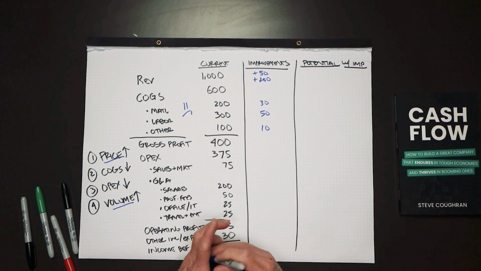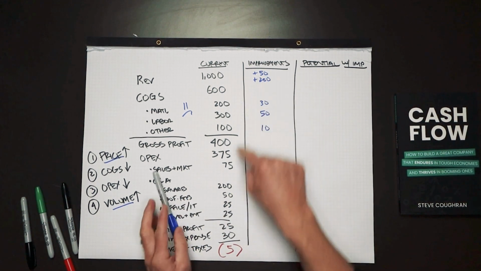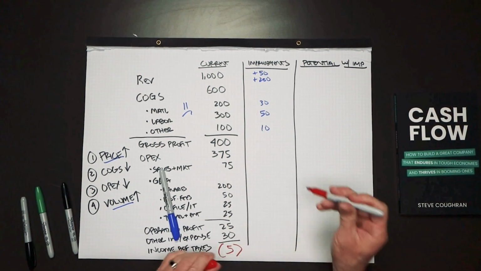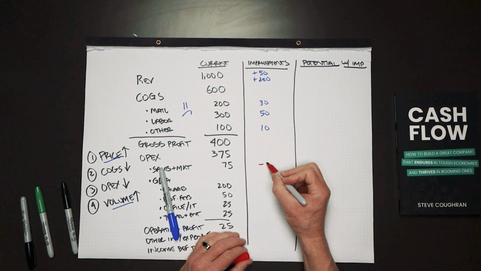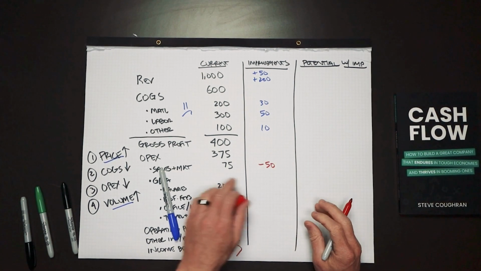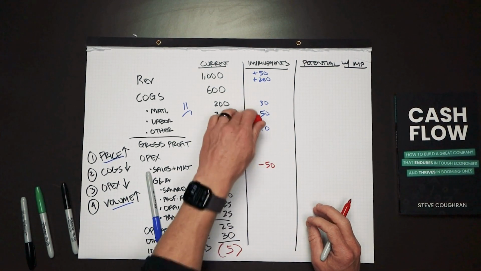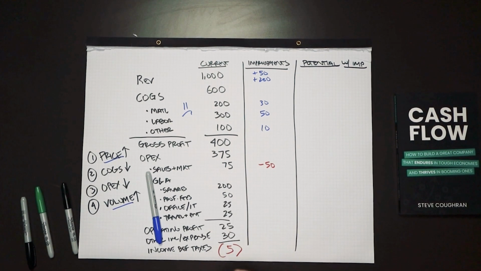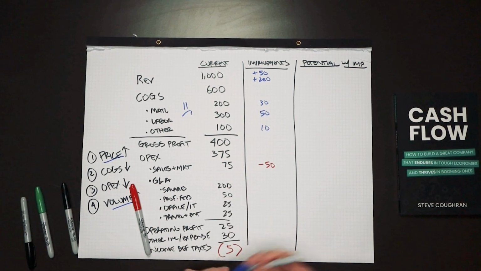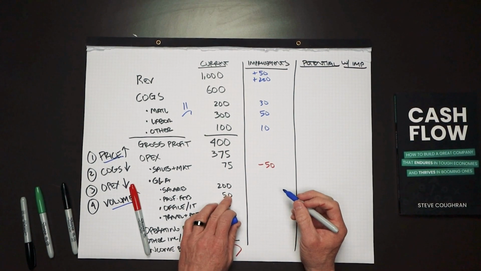Now with sales and marketing, in order to do more revenue, maybe we have to spend even more. So I'm just going to do minus 50, right? Because we're going to have to spend $50 more to do this, and that's fine. So we're going to differentiate that. Salaries, we will keep flat, but we'll make some reductions because we're going to optimize some of the functions in the business and outsource.